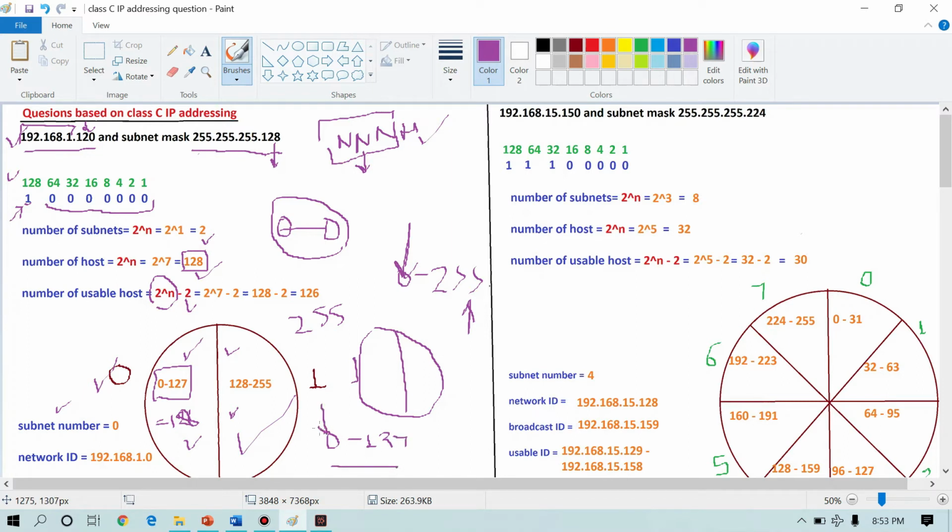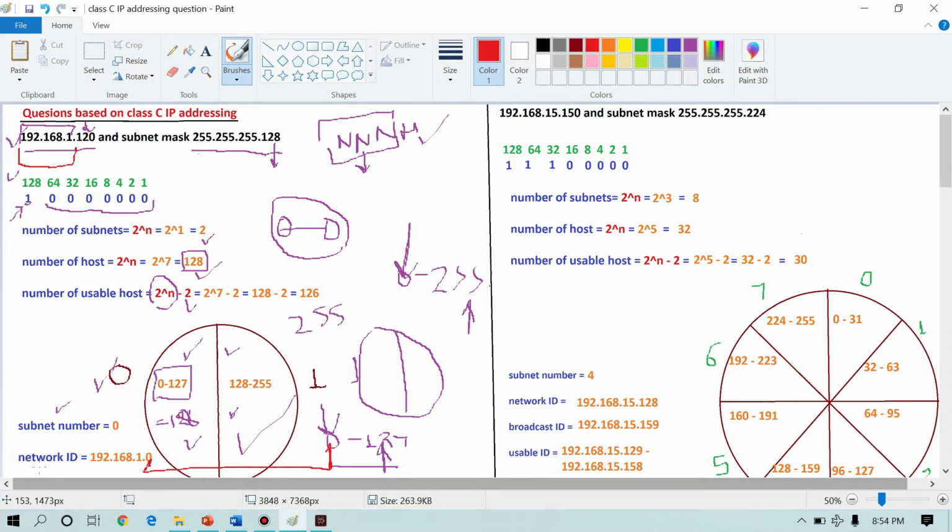So this is our network address and this is our broadcast address. How will we use this? Simply write these three parts of the network as they are, as I have written 192.168.1, and then .0. The .0 I have taken from here.